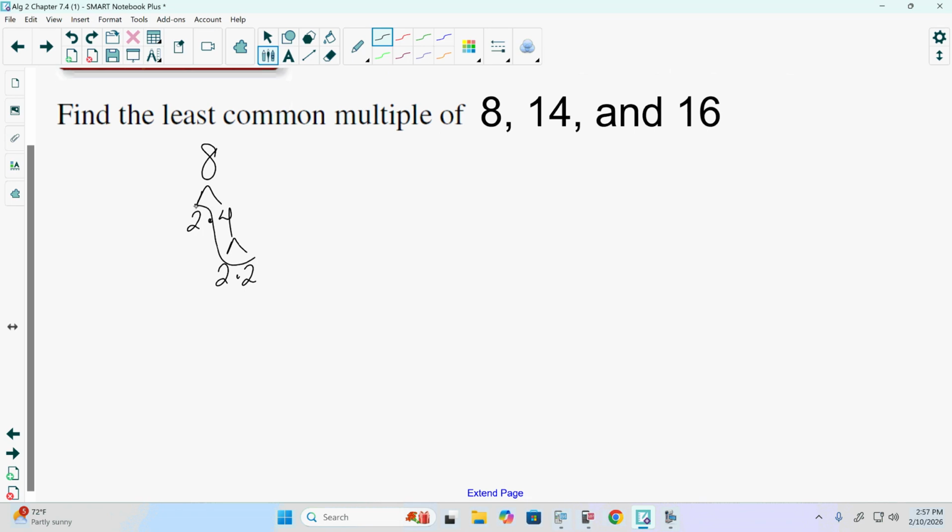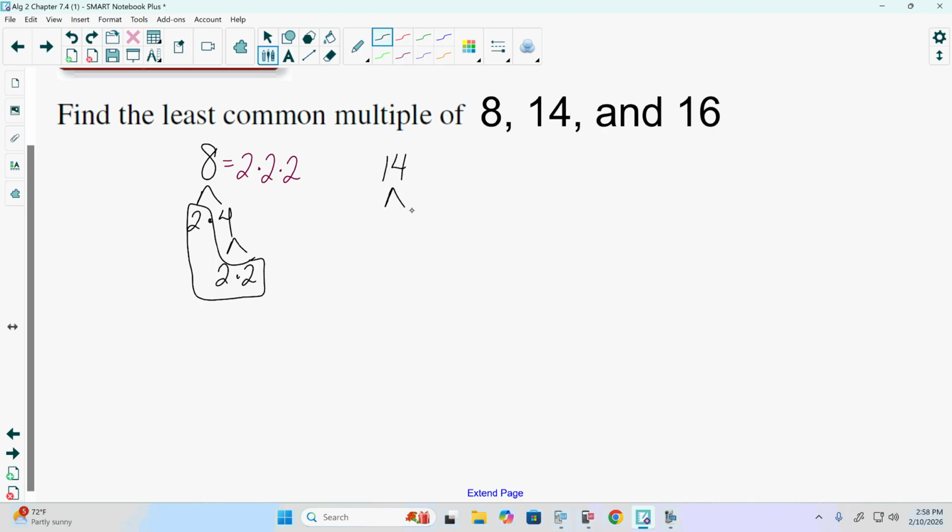So the prime factorization for 8 is 2 times 2 times 2. We're only looking at the prime numbers. So the composite number 4, we don't care about because 4 is 2 times 2. 2 times 2 is 4 times 2 is 8. So 8 is 2 times itself 3 times.